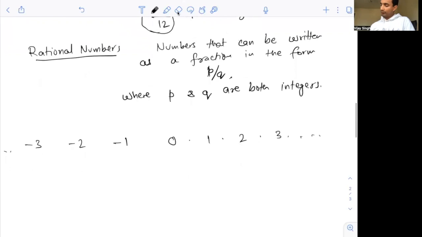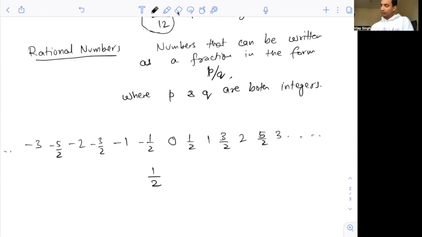So half would be a number 1 over 2, which would be somewhere here. We can similarly define 3 over 2, 5 over 2, and so on. Similarly, we can have minus 1 half, minus 3 over 2, minus 5 over 2, and so on. So all these numbers now are the set of rational numbers.